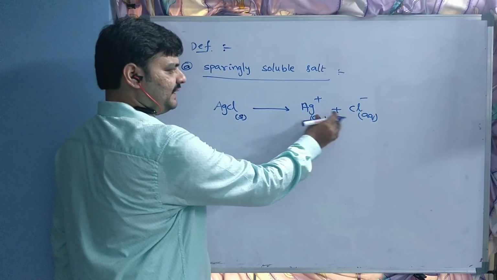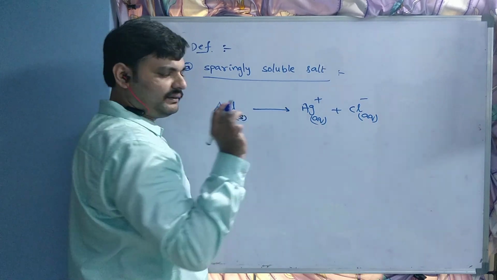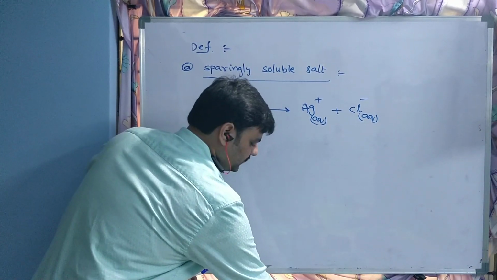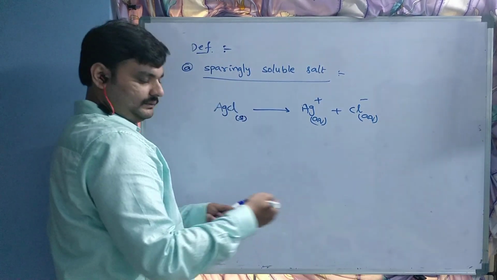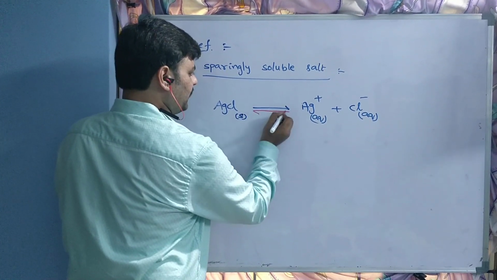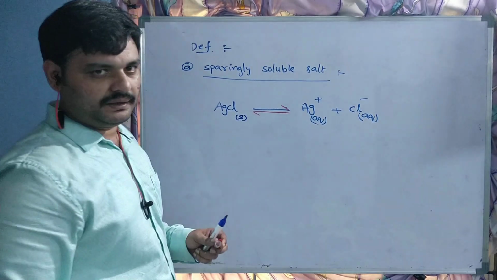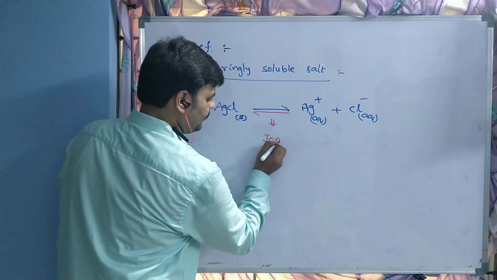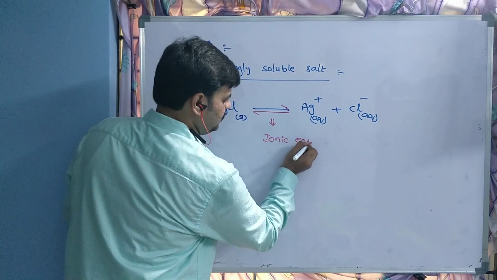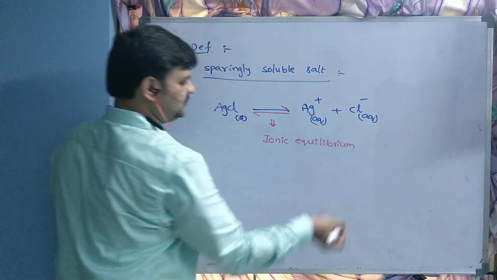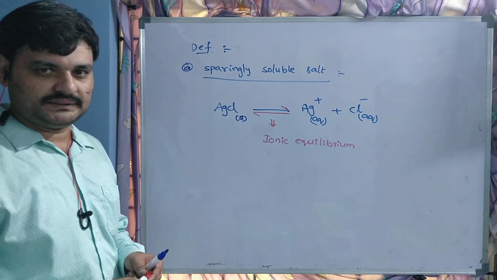Initially it splits into Ag+ and Cl-, but at a certain stage the reaction starts to move in the backward direction and attains equilibrium. This is called the ionic equilibrium of AgCl.